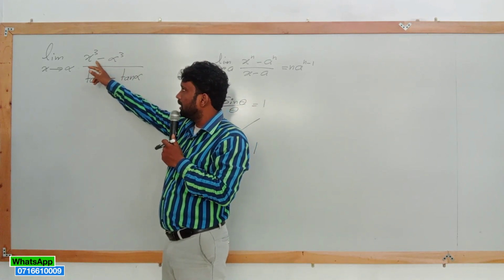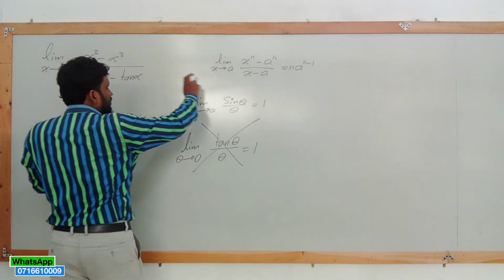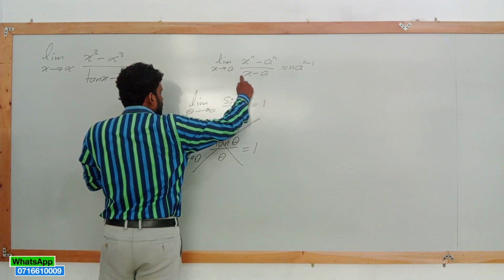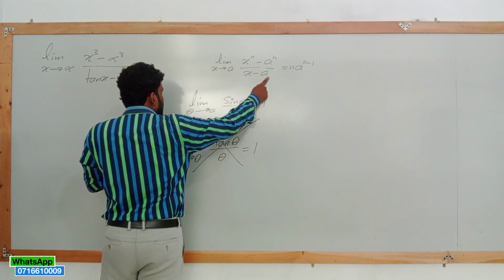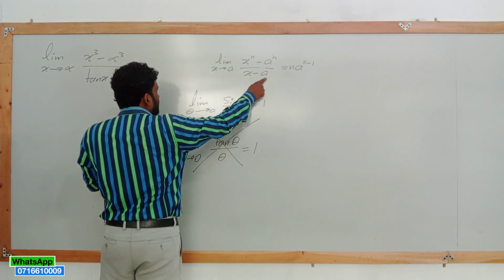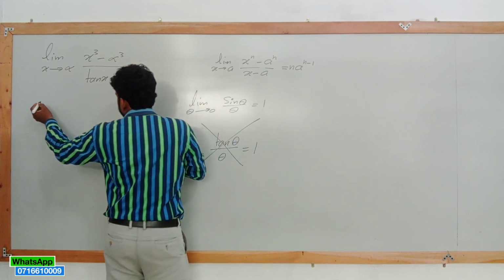Now you have x cube minus alpha cube, then you can use this theory here, but you have not x minus a, so you have to add x minus a up and down.